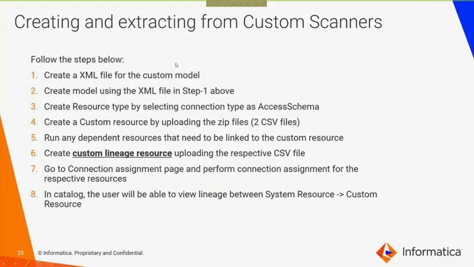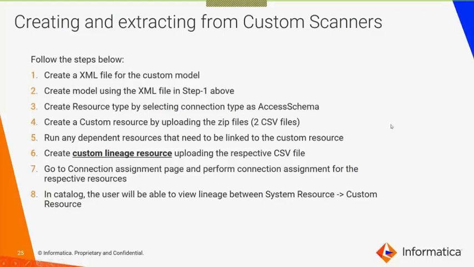Firstly, you'll have to create your custom model through an XML file. Once you create that, you'll have to select the connection types and create your custom resources. So basically, you're modeling, let's say, a database which is not there. You're modeling the database, then creating a resource type for that model, and finally you create the resource directly.